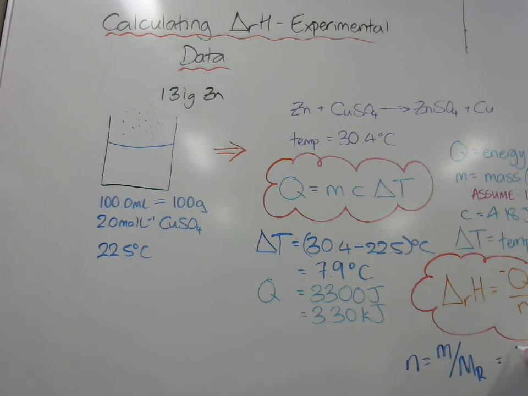In this case it will be. So in this case it's 1.31, need you guys to be my calculators again please, over 65.4, which is the atomic mass of zinc. There's only one zinc in zinc, so we do that number there.